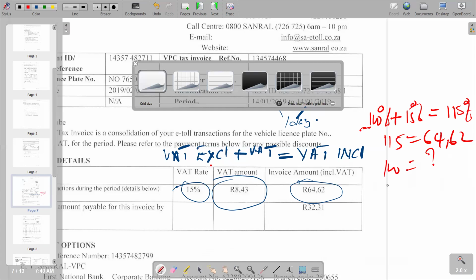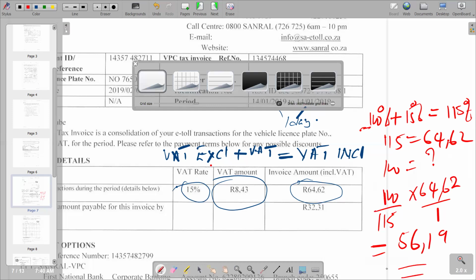So to calculate the VAT exclusive, we say 100, what we don't have, over what we have, which is 115, and multiply by 64 rand 62 cents. And then we get the VAT exclusive, whereby it gives you 56 rand 19 cents. So this is the VAT exclusive. So if you say 15% of 56 rand 19 cents, you're supposed to get your 8 rand 43. So basically, that's how we are going to summarize it now.